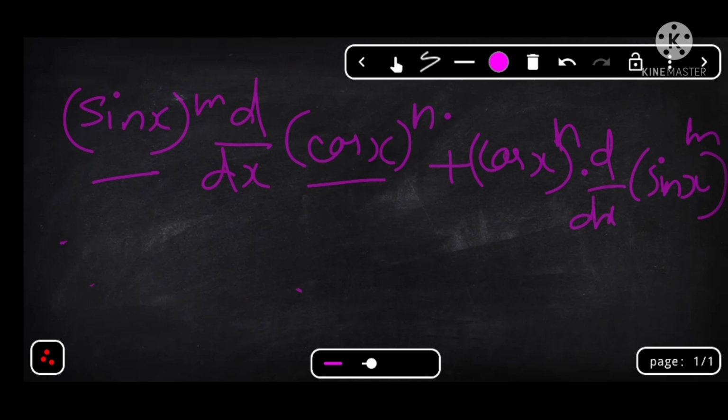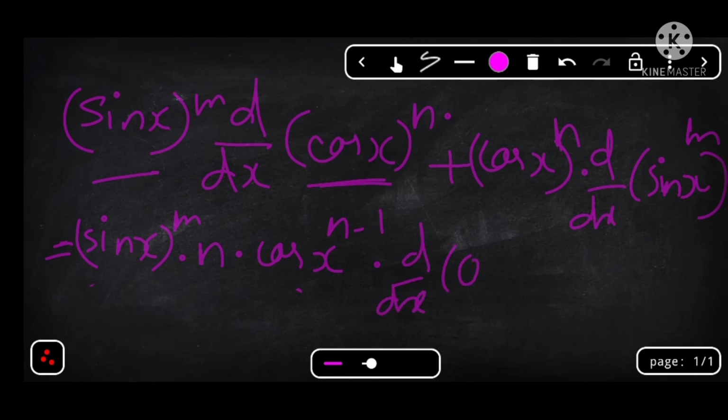So this will be sin x whole raised to m into n cos x whole raised to n minus 1 into d by dx of cos x.